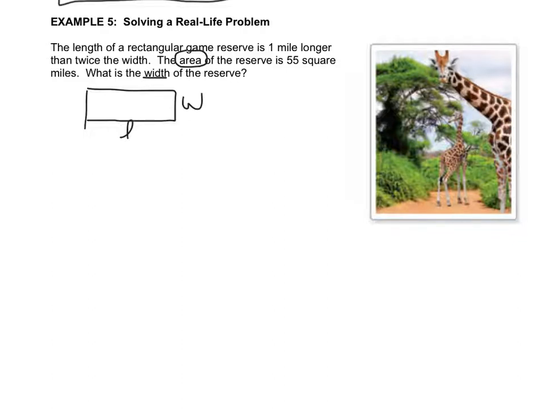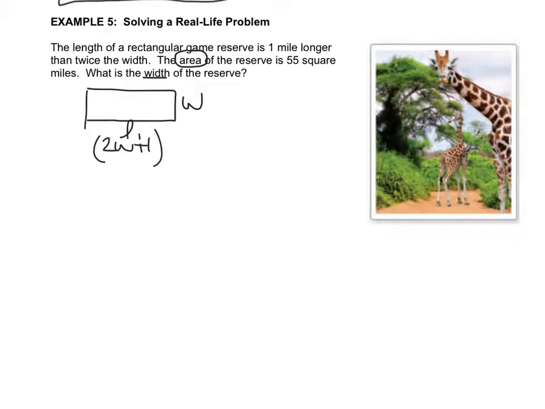So we are looking for the final answer to be width, which is going to be our W. First we want to look at how we can turn these two variables into one variable. Well, in that first sentence, it talks about how the length is 1 mile longer than twice the width. So 2w plus 1 is also equal to the length.